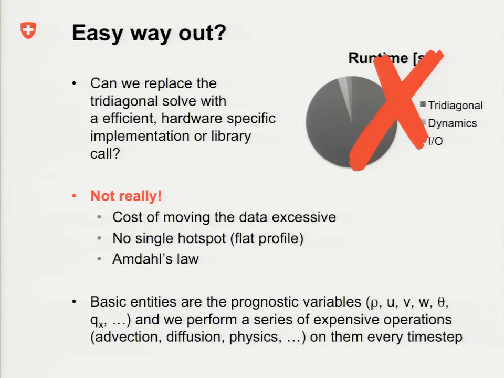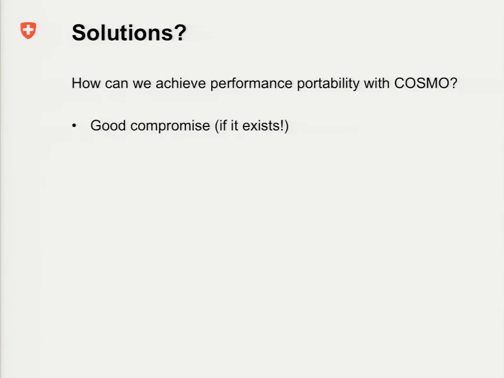For COSMO, we have some basic entities, which I call prognostic variables. And we perform a series of expensive operations, such as advection, diffusion, physics, on them every time step. And somehow we have to replace all of that. And there's currently no real library out there which I can replace all of that by a call. So what are the solutions? Well, you can try to go for a compromise.